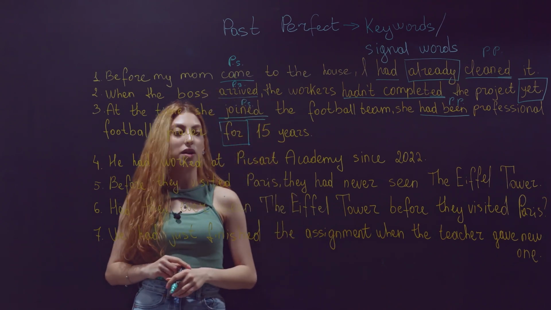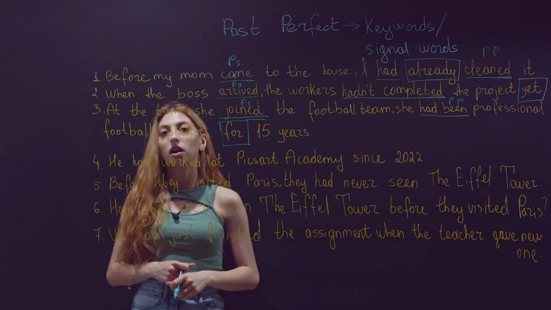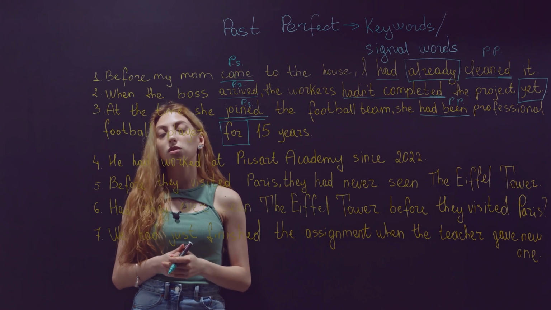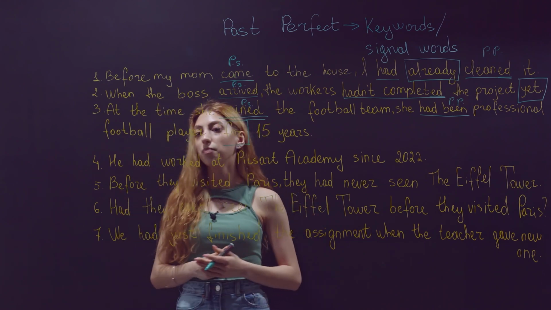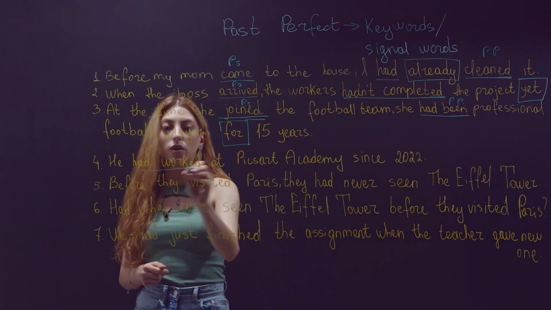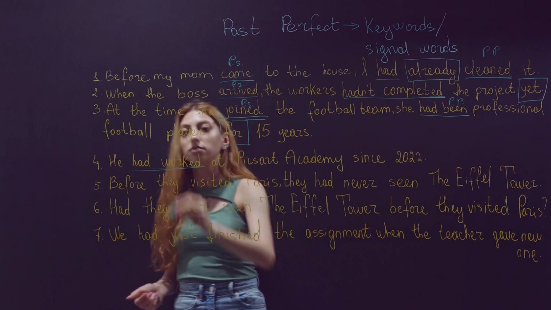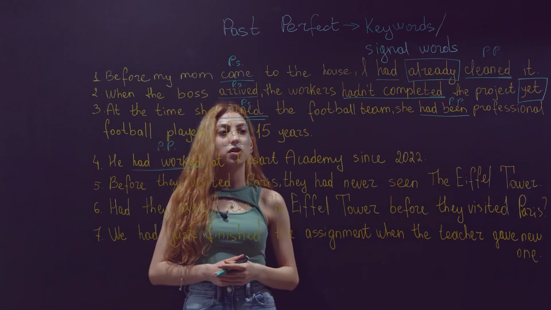Next one, fourth one. He had worked at Picsart Academy since 2022. You decide how you want to say. So now let's analyze the structure, okay? He had worked. Good. So had worked is our past perfect tense, at Picsart Academy.